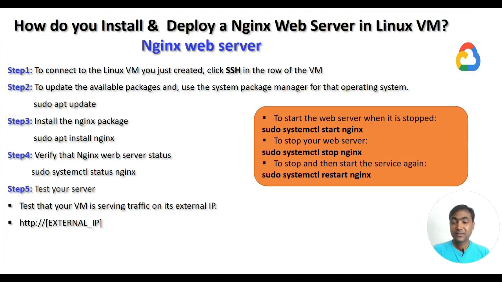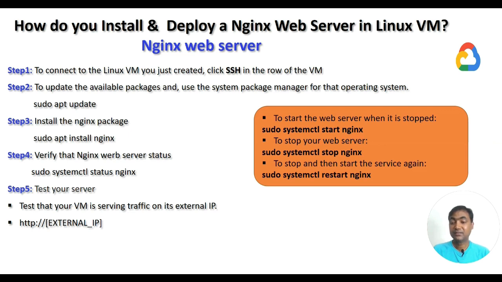As you can see here, these are the steps that you can follow to deploy Nginx web server on a Linux server on the Google Cloud platform. First of all, you connect to the Linux VM you just created, then click SSH in the row of the VM. Secondly, to update the available packages, use the system package manager for that operating system, then use the command sudo apt update.